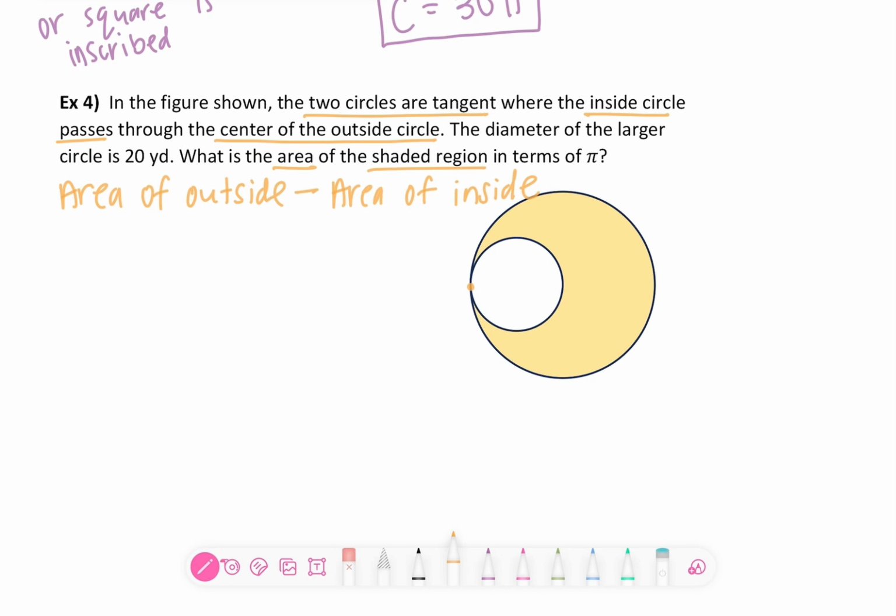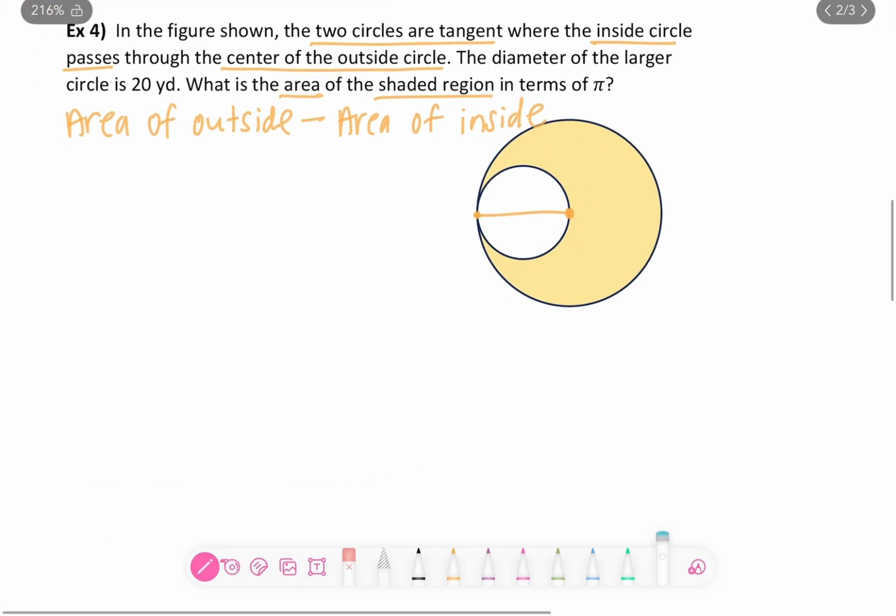So it says that the inside circle passes through the center of the outside circle. So if I draw in the diameter of the smaller circle, this point where that diameter ends is going to be the center of the outside circle.